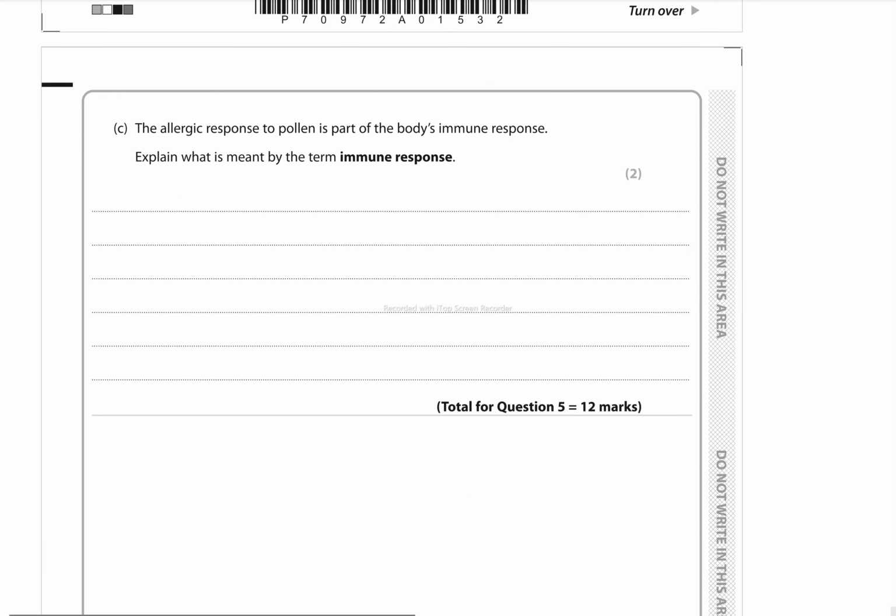Okay, right. Right, what is an immune response? That's what we need to do. So body's immune response. Again, a lot of these definitions are coming up, so it looks like you're going to have to learn them.